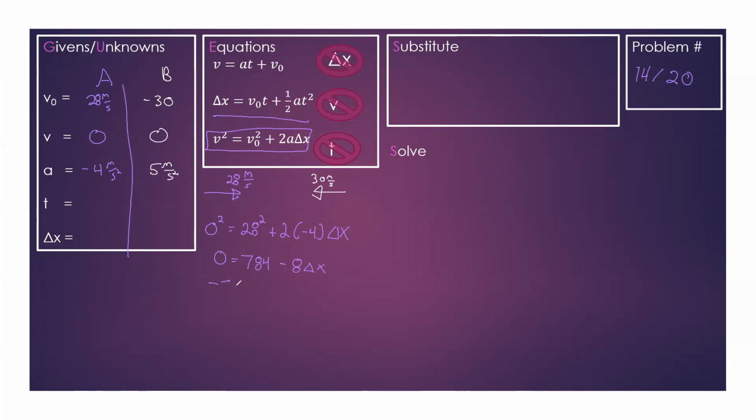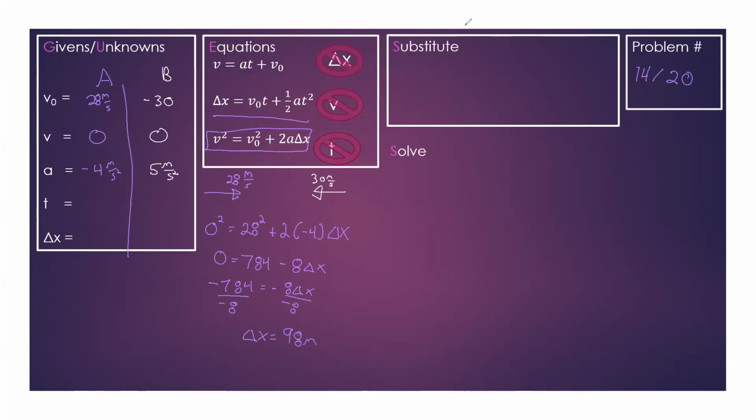So I can subtract over the 784 equals -8 delta x. Divide both sides by -8. And delta x is equal to, for train A, 98 meters.